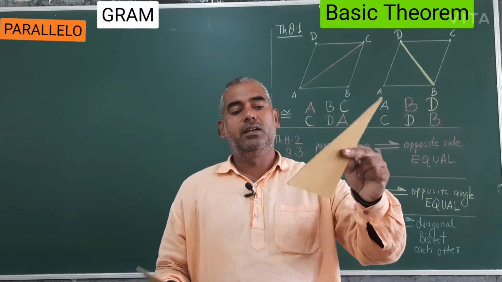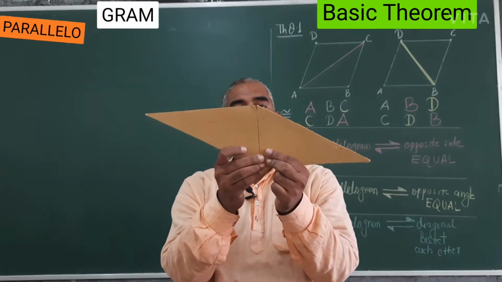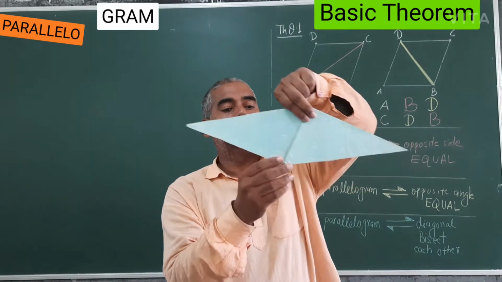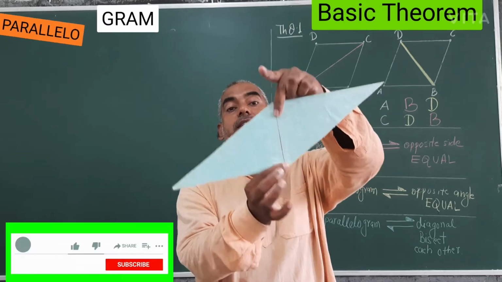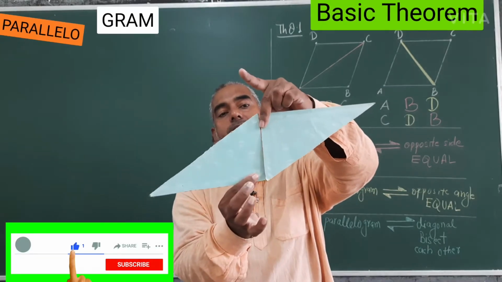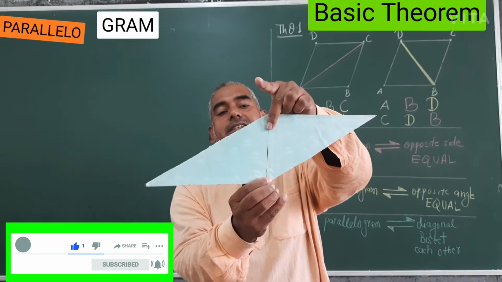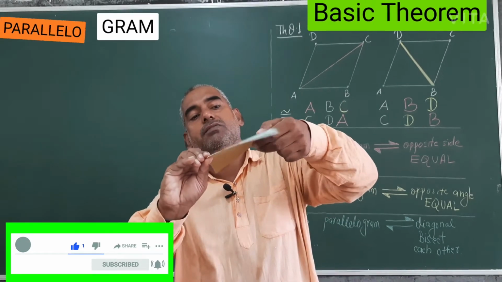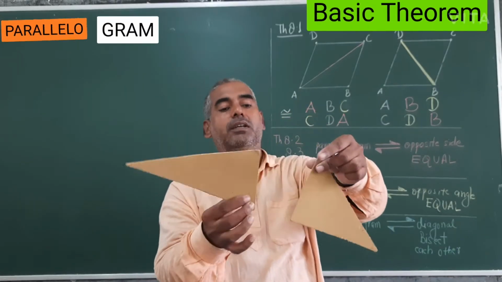so what is special in these two triangles? If I add these two triangles, what will you get? This is a parallelogram, because these two sides are equal. So when we add it, this will be just a diagonal of the parallelogram.